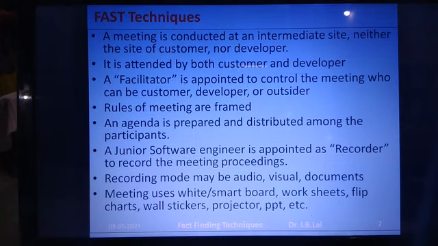A third person is selected, mostly a respected, honorable person of society. It is not necessary that they be from the computer field; they can be from any field. Who has to control the meeting? That can be the customer, the developer, or an outsider, as long as that person is agreed upon by both the customer and developer. The person must be non-biased, neither towards the customer nor towards the developer, just like a judge.